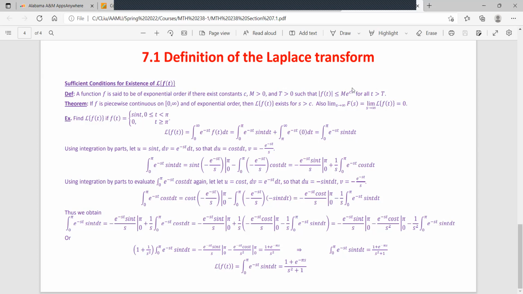It should be c times small t instead of capital T.